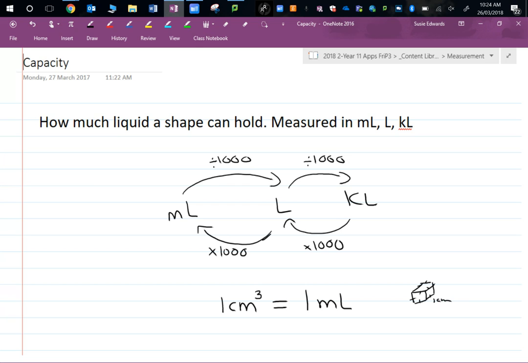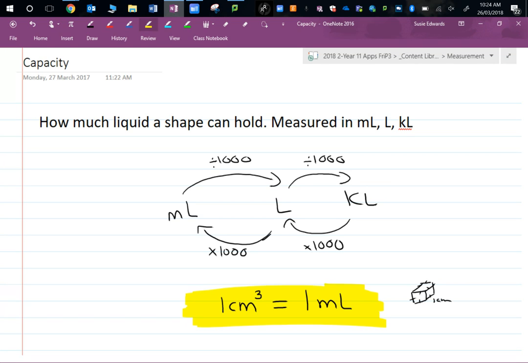The one thing which is really, really important here is knowing that 1 cubic centimetre equals 1 millilitre. If you make the little cube, which is 1 centimetre by 1 centimetre by 1 centimetre, that is what is 1 mil. So if you look at a water bottle, 600 mils, how many cubic centimetres are there? 600, it's exactly the same.